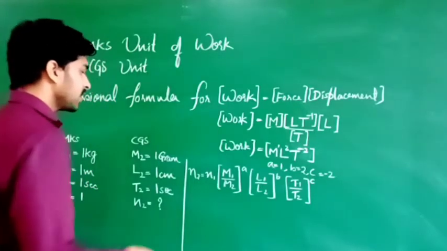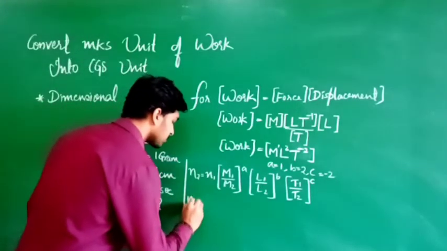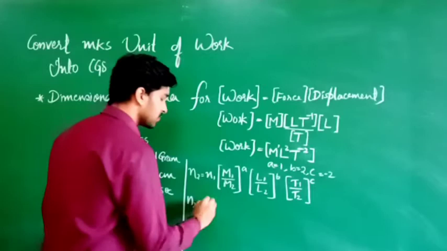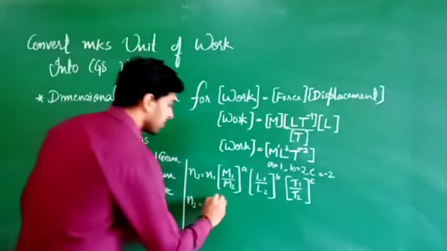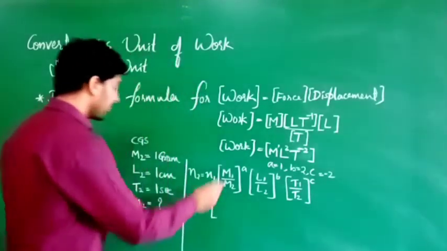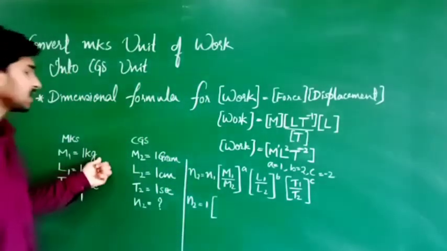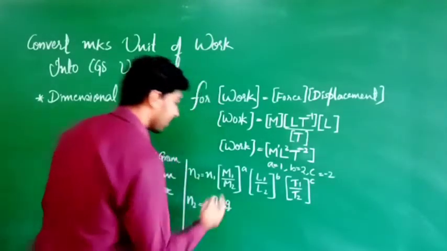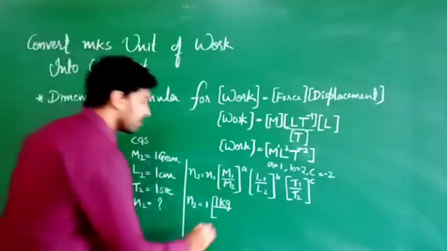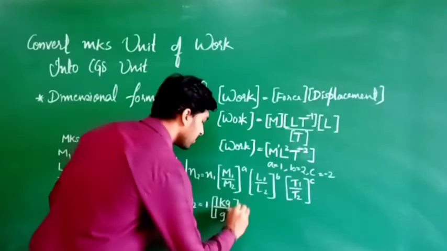So what can I write here? N2 is equal to N1, whose value is 1 here. Next, M1 by M2 we have to substitute. M1 value, what are we having? 1 kg. Substitute that 1 kg here, divided by M2 value 1 gram, whole power a.